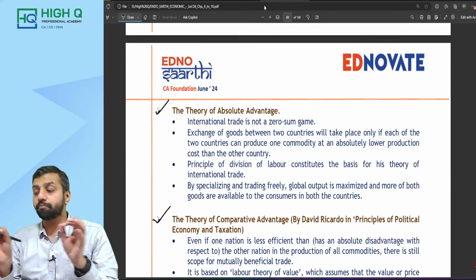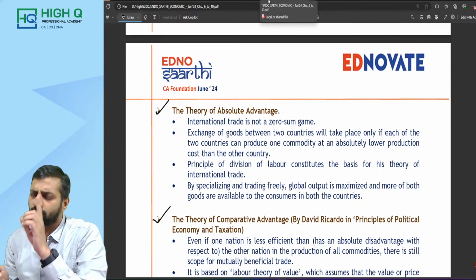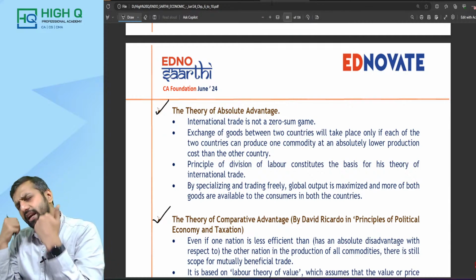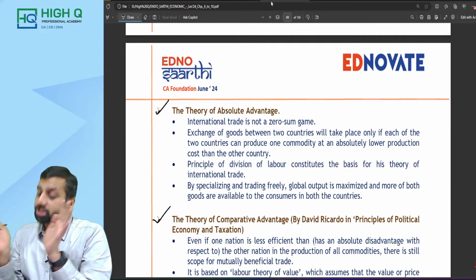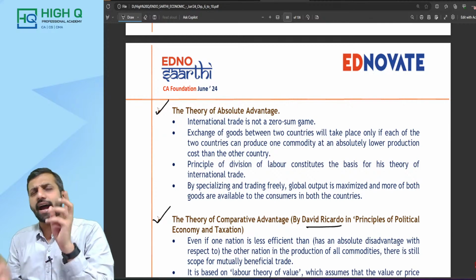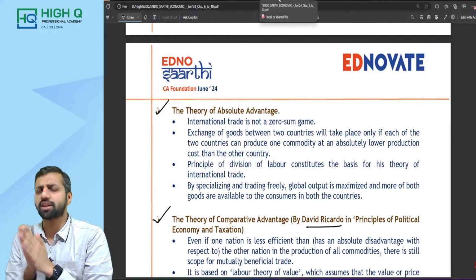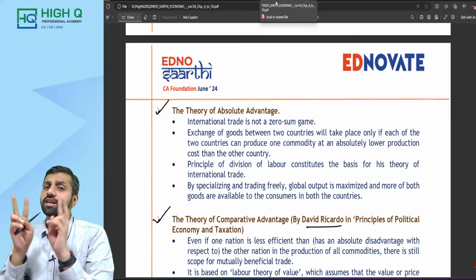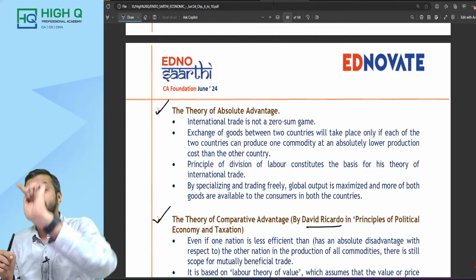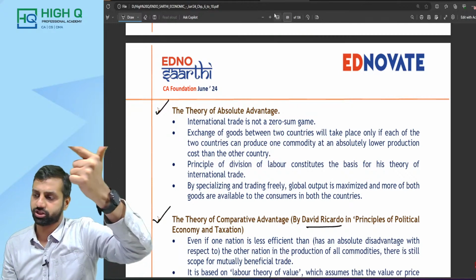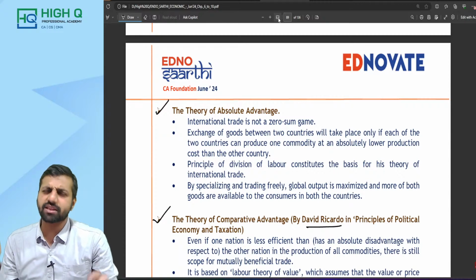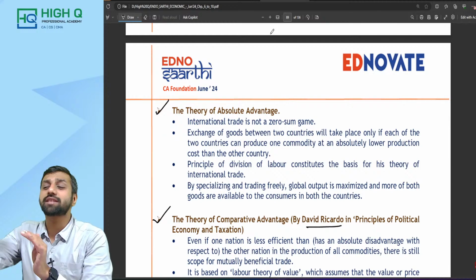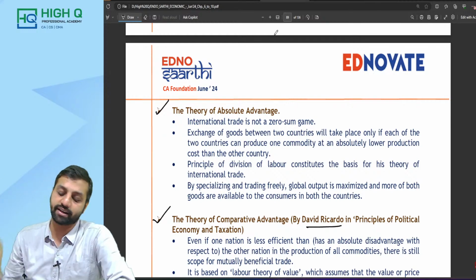Third theory is comparative advantage, in which one country has advantage in both commodities, another country has disadvantages in both commodities. Still, Ricardo believed that the countries should do international trade. The country which has advantage in both should produce that commodity in which it has more advantage, and the country which has disadvantage in both should produce that commodity in which there is lesser disadvantage.